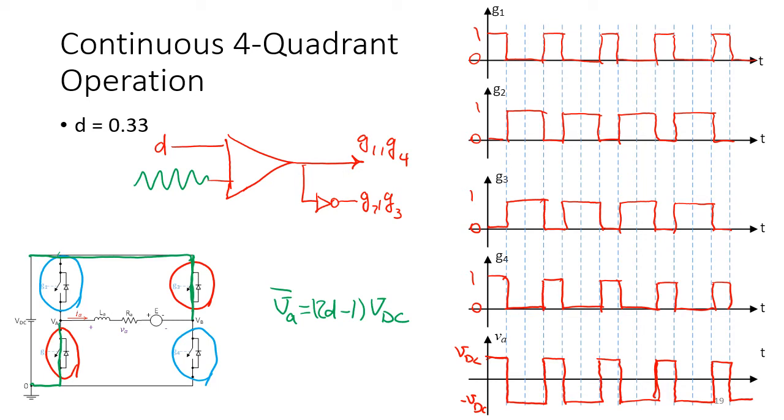Previous time, if it was a negative voltage, we just had 0 and minus VDC. Or if it was positive voltage, it was only 0 and VDC. But in this method, we have positive VDC and negative VDC in the waveform. For the steady state, the result is the same in the sense of average value.